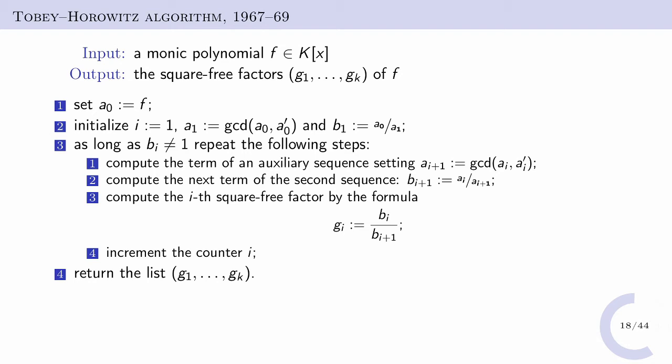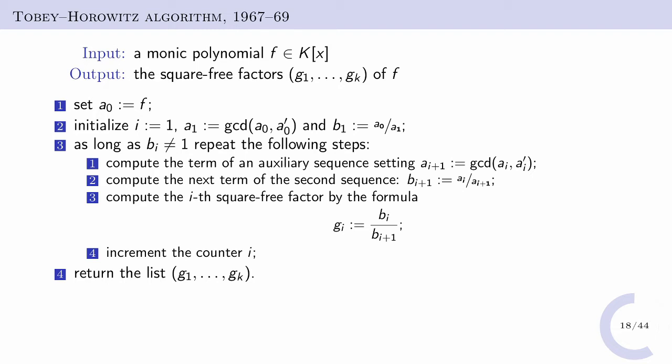As I said, this algorithm was independently invented by Tobey in his PhD thesis in 1967 and Horowitz in his PhD thesis in 1961. We take a polynomial f, it can be monic or not, doesn't matter, and we produce the square free factors g1 to gk of f.